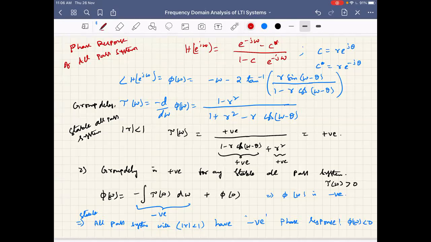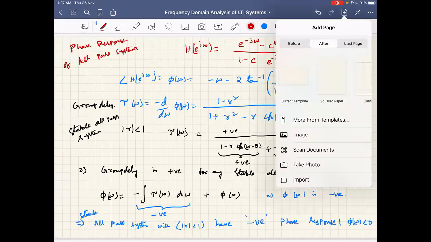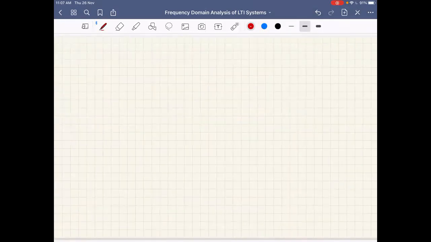So now let us bring in the importance of this discussion of alpha system, minimum phase system, and so on. To put these together, let us discuss the magnitude response.